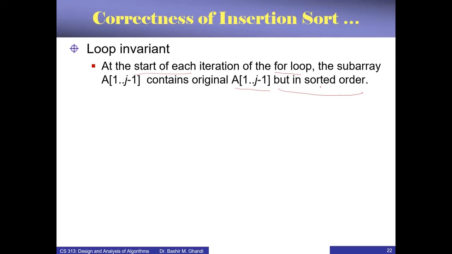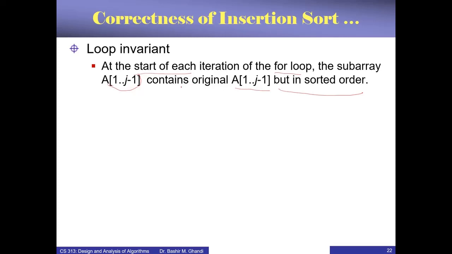So this is the loop invariant. That at the start of each iteration, the elements in the sorted part of the list will contain the original elements which were not sorted, but now they're going to be sorted.